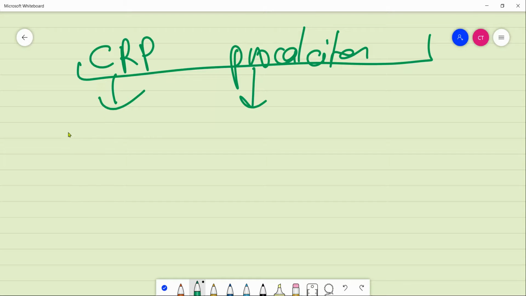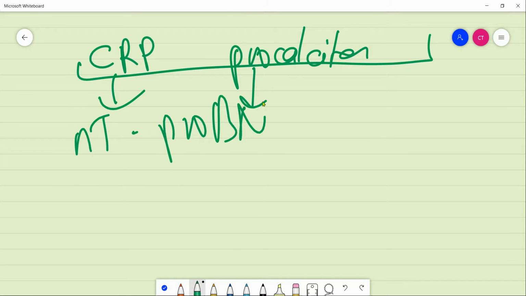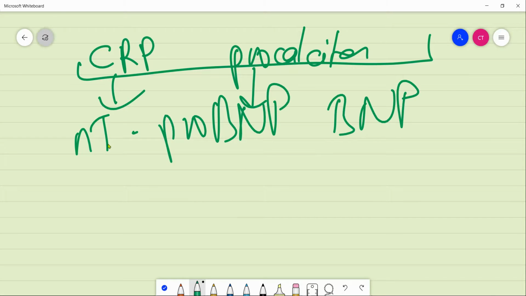And the other two, the NT-proBNP or just BNP, this is relatively clinically helpful because heart failure can also produce dyspnea in any patient, especially in COPD patients, where their lung capacity isn't really high.